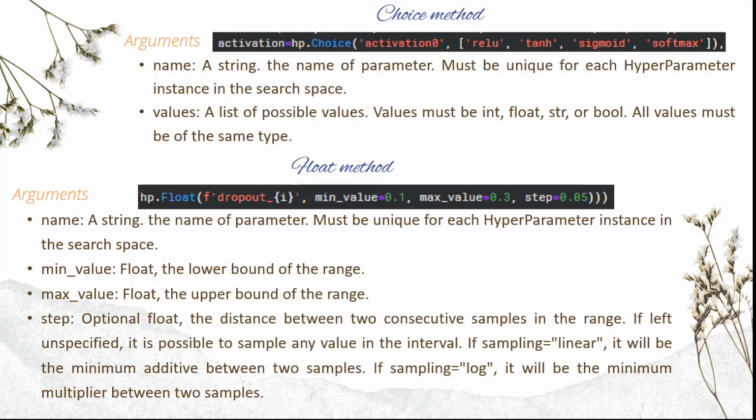Optional float. The data type is optional float, and it is the distance between two consecutive samples in the range. If left unspecified, it is possible to sample any value in the interval. If sampling is linear, it will be the minimum additive between two samples, and if sampling is log, it will be the minimum multiplier between two samples.